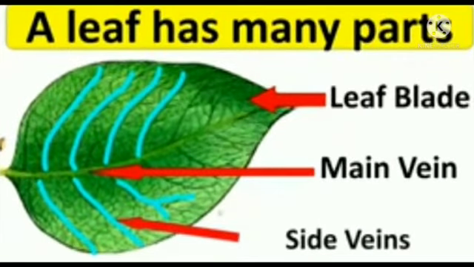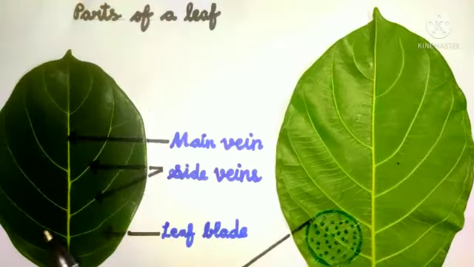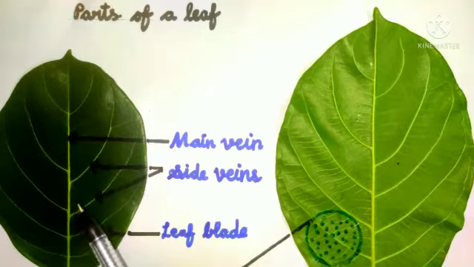Now, let us have a look on different parts of a leaf. Even though leaves look very different, they all have the same parts and perform the same functions. Now observe the leaf carefully. The first part is leaf blade.